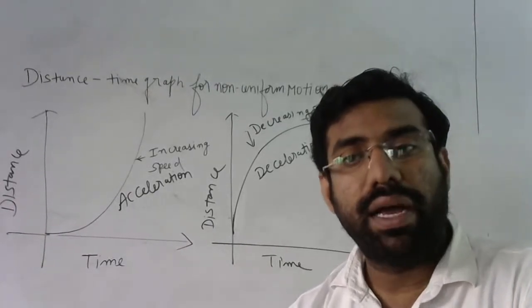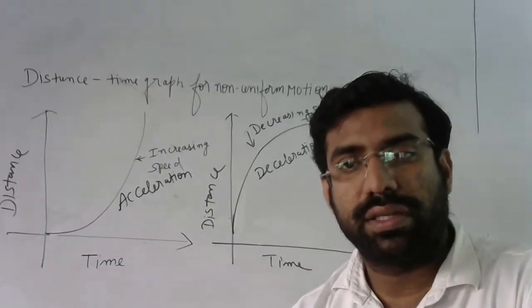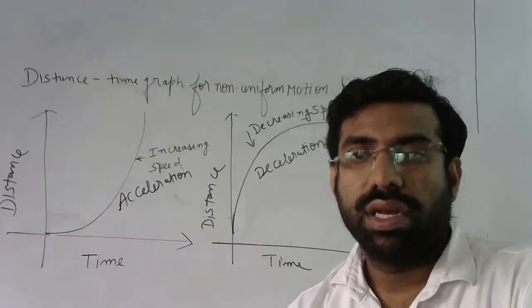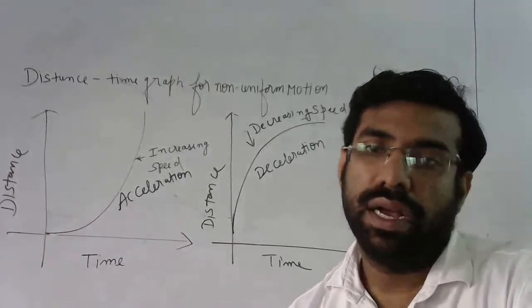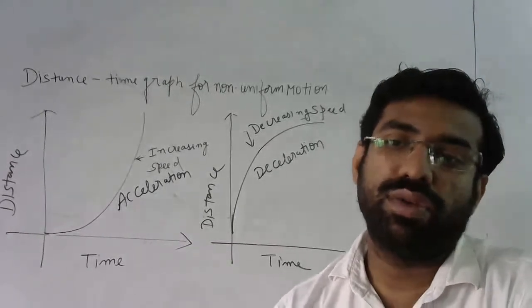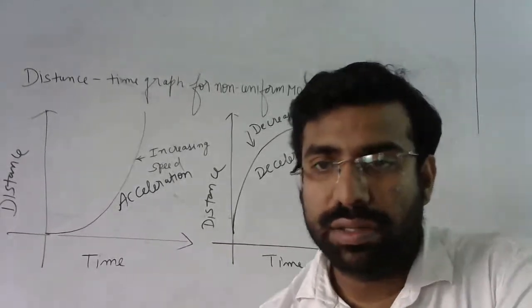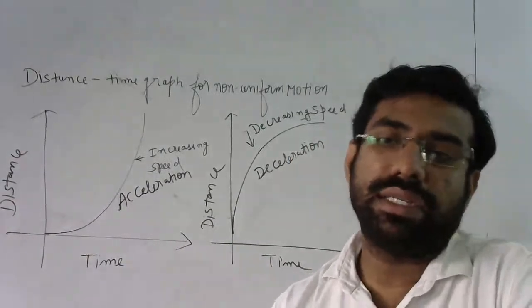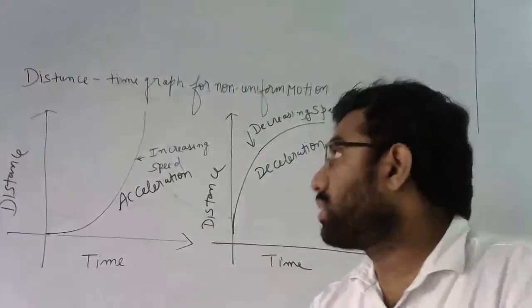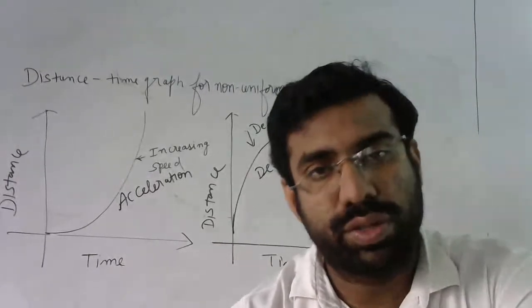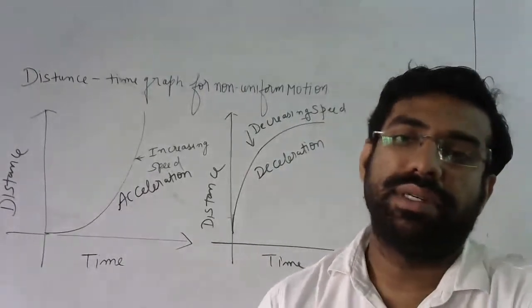Reply, why is velocity a vector quantity? It has both magnitude plus direction. Ashish, you have become clever, good, because it has both magnitude as well as direction, so it is a vector quantity. So now the distance time graph is over. Now we'll focus on the velocity time graph.